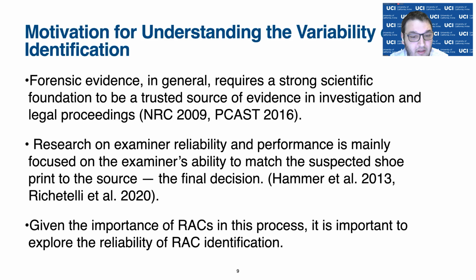There's been a lot of research on whether or not examiners could reliably determine that, but not much has been done on the RAC identification itself. And because it's such an important part of the process in many cases, understanding the differences that could occur in that step is very important.